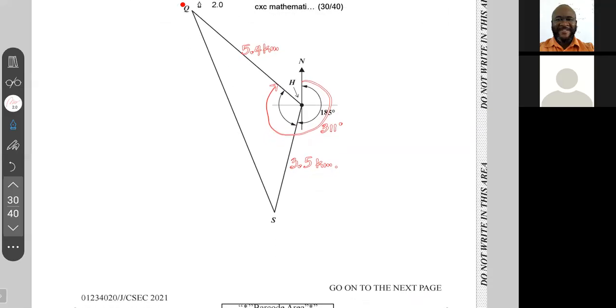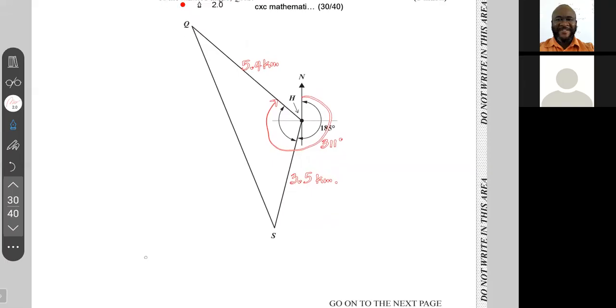It means that the angle in the middle, angle QHS, would be equal to 311 minus 185. The angle is 126 degrees.